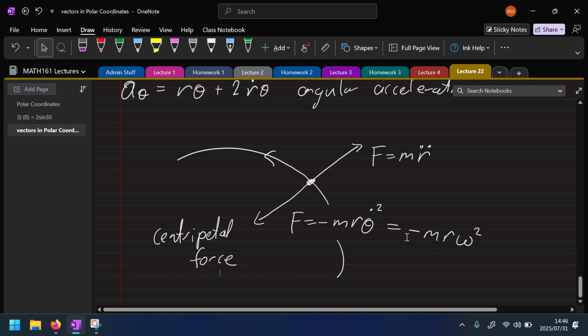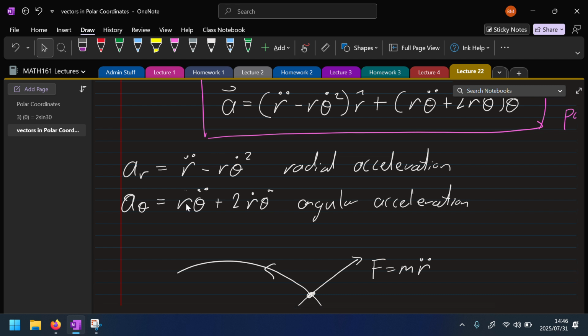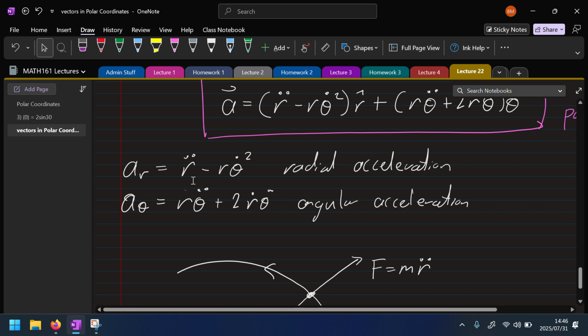Then for homework, what is this part over here? So r theta double dot, that's just your angular acceleration going around. But 2 r dot theta dot, what is that in terms of physics? So this one is your centripetal force. What's this one over here?